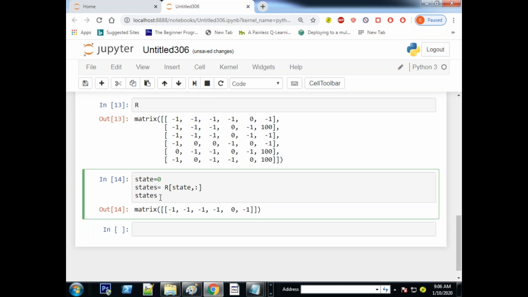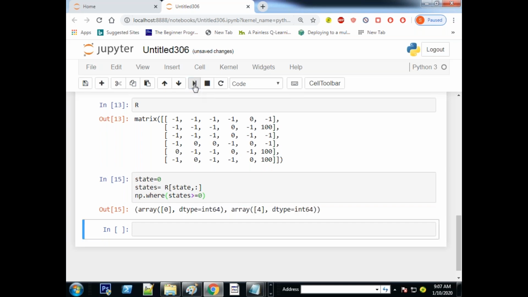Now I am applying a condition, np.where of states greater than or equal to 0. That means -1 means action not possible, not possible, not possible, not possible. Here 0 means possible. But I don't want that 0, I want the index number of that 0. What has it given? The first one is for row index, the second one is for column index.